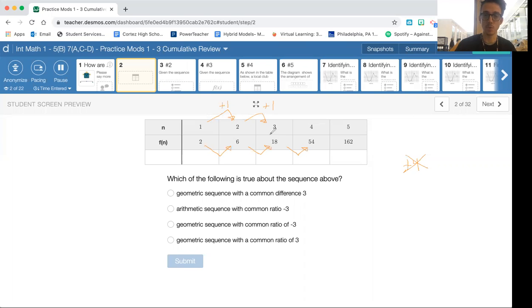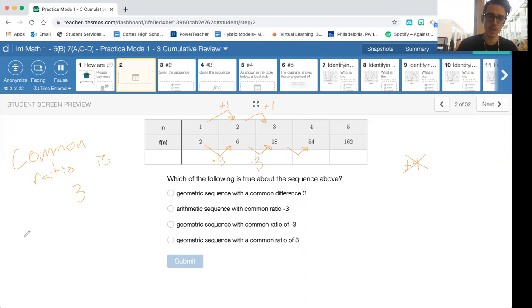Or 18 to 54? We can't quite add, but we could multiply by 3, which we would consider our common ratio. So we're looking for an option that has a common ratio of 3.